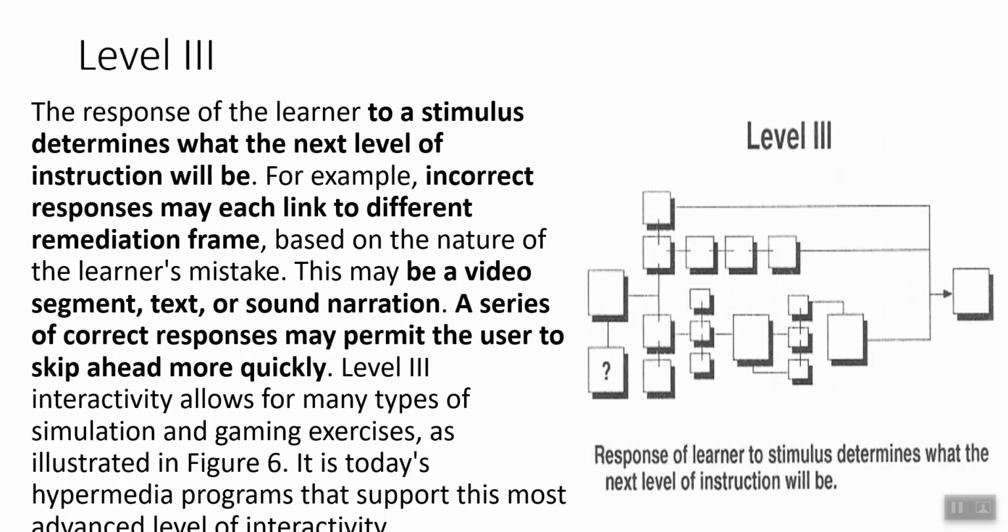Now coming to the third level, the stimulus determines the level of instruction. In this case, what kind of person is this? Based on your ability, you get the materials. For example, if you read the materials and questions are asked, and you give very brilliant and thought-provoking answers, then you will be taken in one direction.